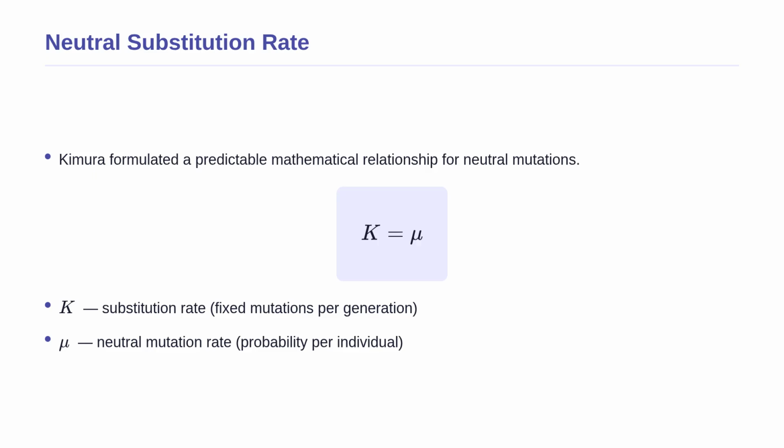Here, K represents the substitution rate, which is the number of new neutral mutations that become fixed in the population per generation. The symbol mu represents the neutral mutation rate, or the probability that a mutation occurs in a single individual. This formula shows that the substitution rate depends entirely on the mutation rate, completely independent of population size.